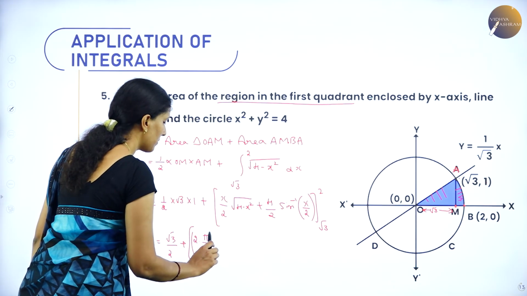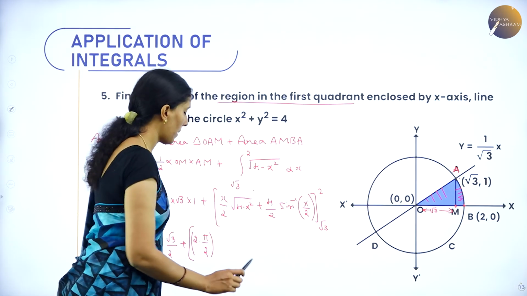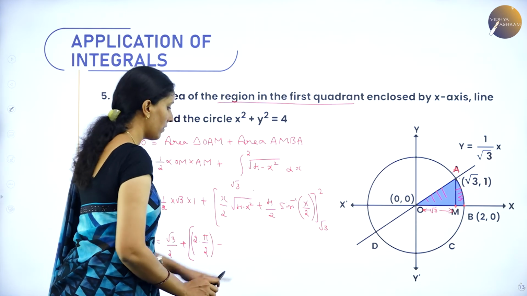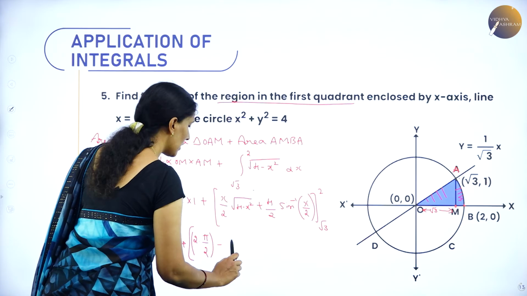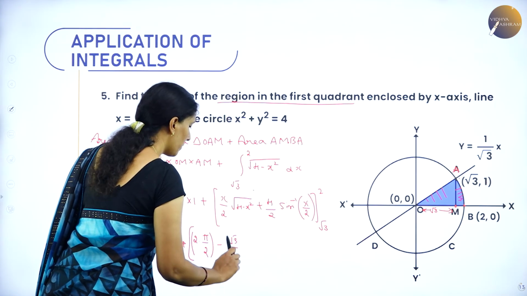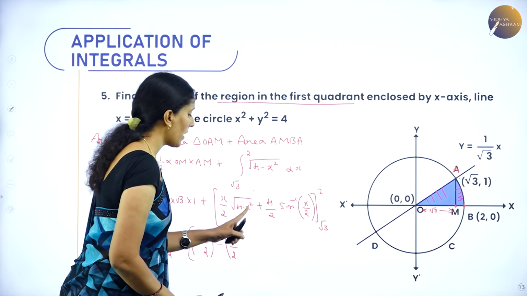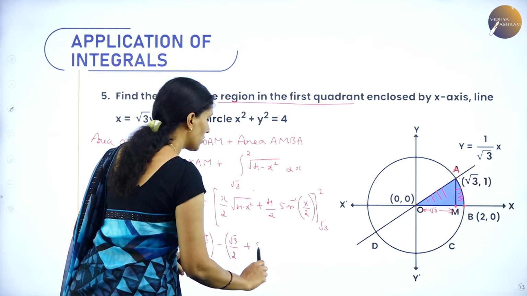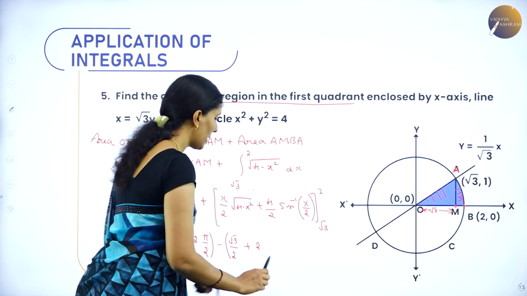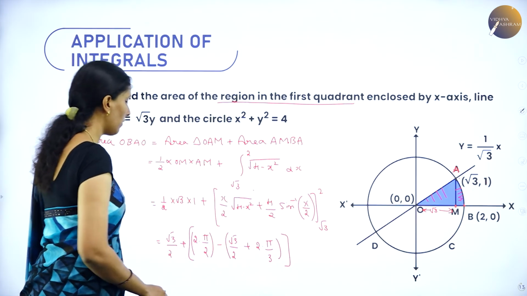This is the first part, because this becomes 0 and this is 2 sine inverse 1, that is pi by 2. Next we will apply the second one, that is we will apply root 3 in the place of x. So what happens here? Root 3 by 2, and root 3 square is 3, 4 minus 3 is 1. Next, plus 4 by 2 is 2 sine inverse root 3 by 2, which is 60 degrees, that is pi by 3. So this is what we will get.